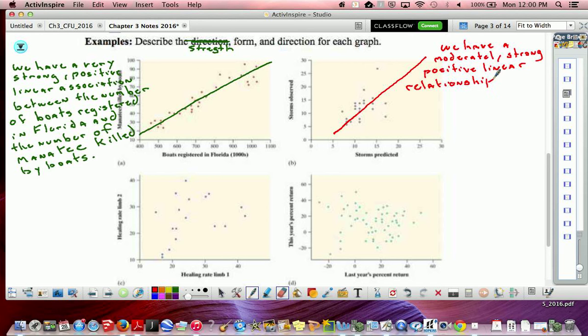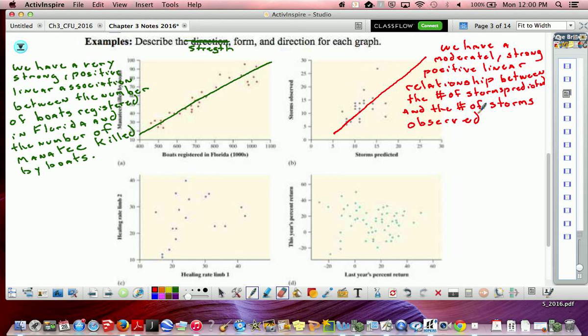Now here's where I use relationship instead of association. You can interchange those two. Between the number of storms predicted and the number of storms observed.